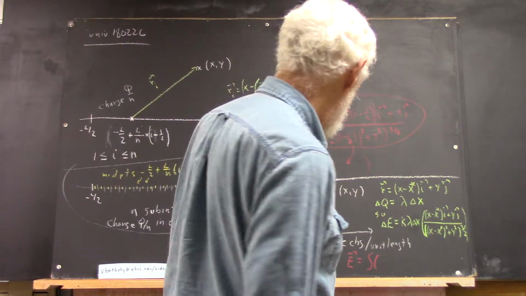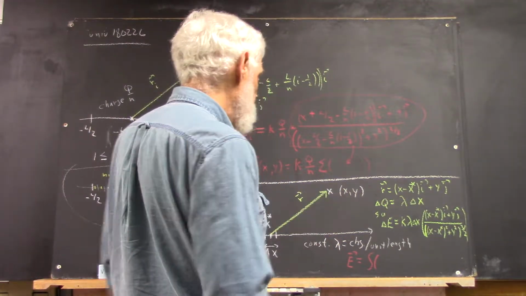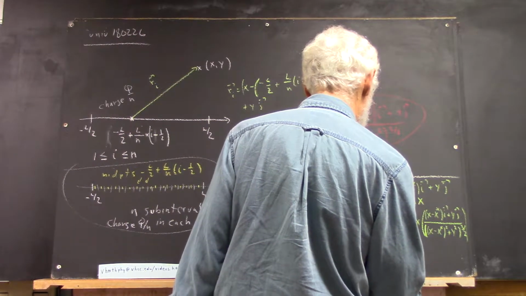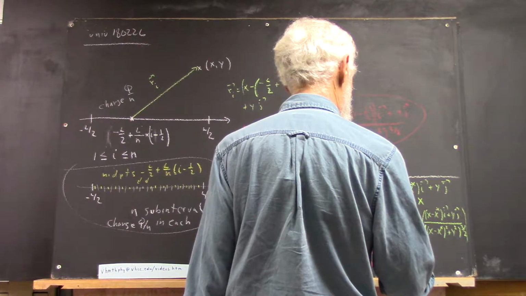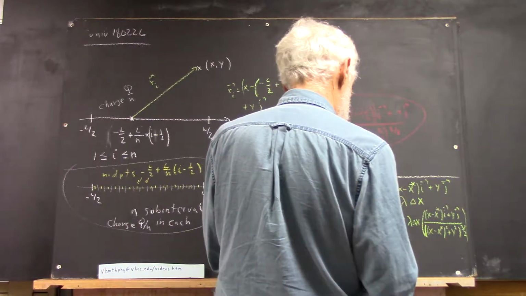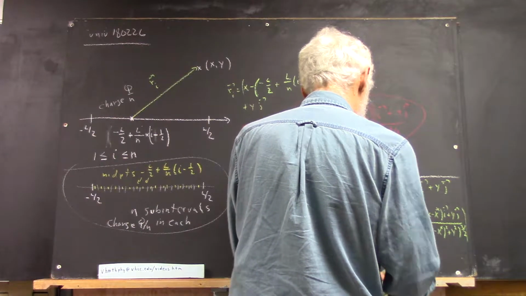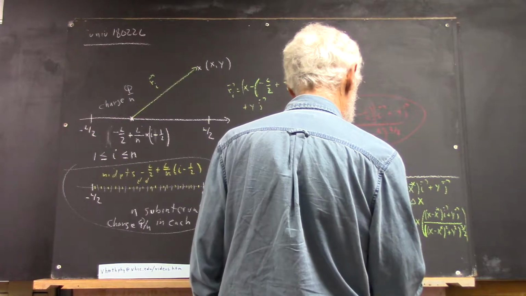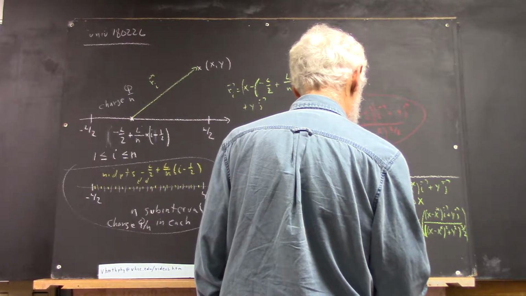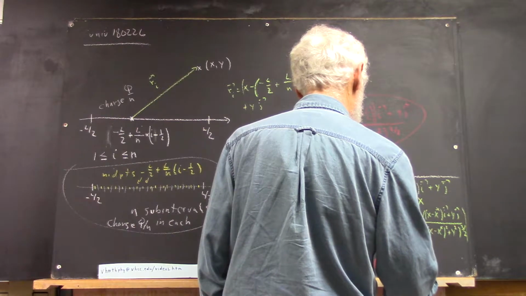So I want this to be x. So my dummy variable is going to be a Greek letter. It's kind of like x. I think that's psi. And it should be x minus that. We're changing the x star for psi.